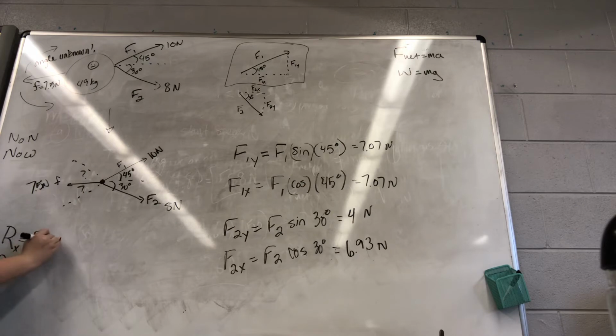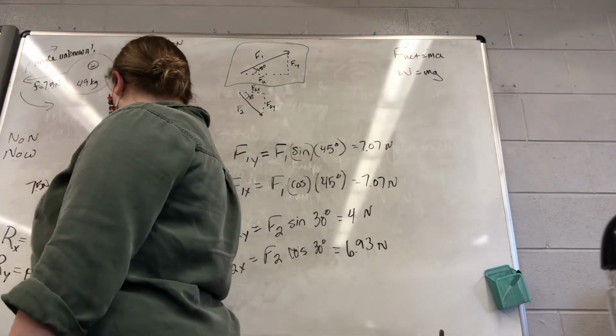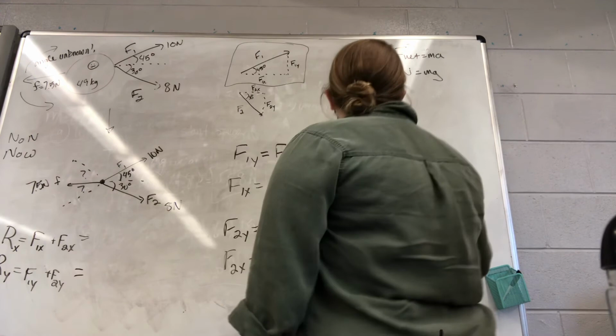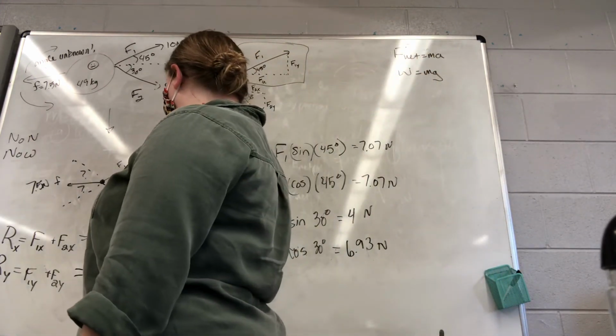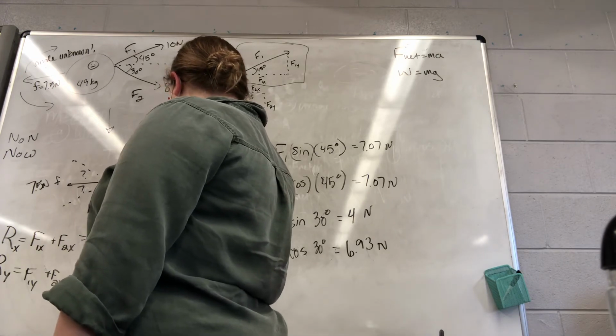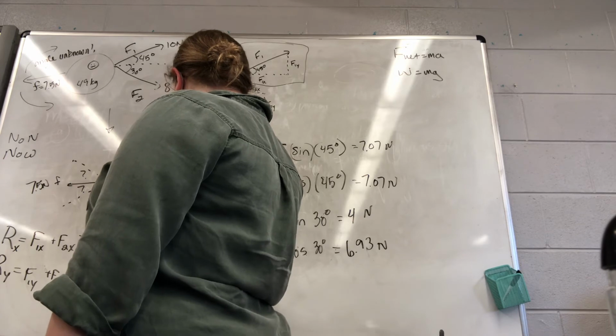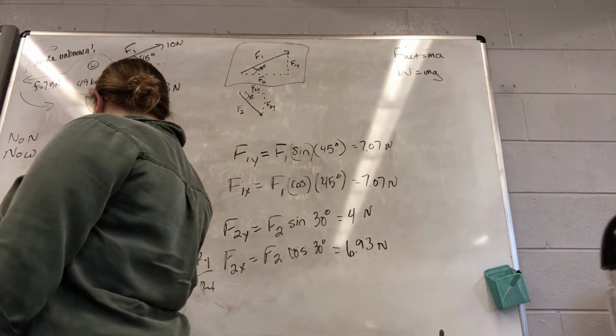F1 is the 10 newtons and F2 is the other one. It's 14.45 and then 10.13. 14.14?